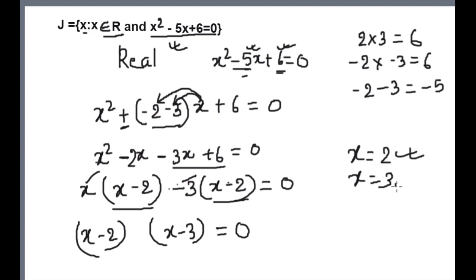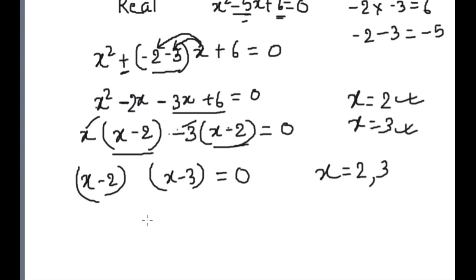So these are our real numbers. X is equal to 2 and 3. And we can write J is equal to set of 2 and 3.